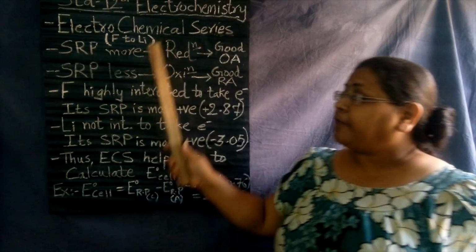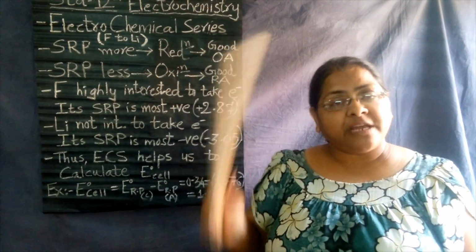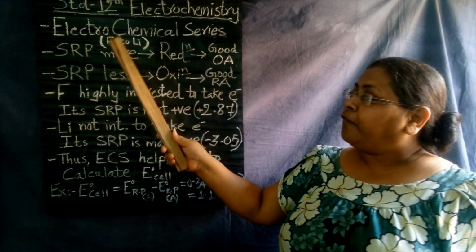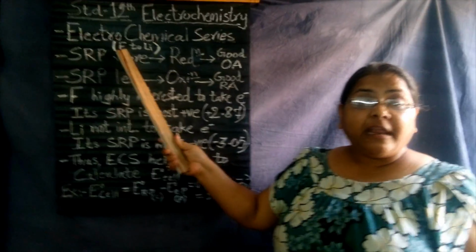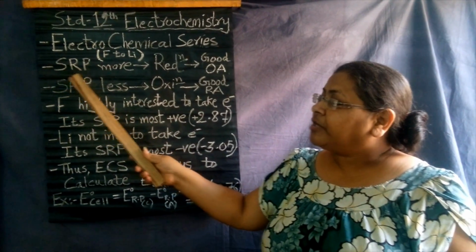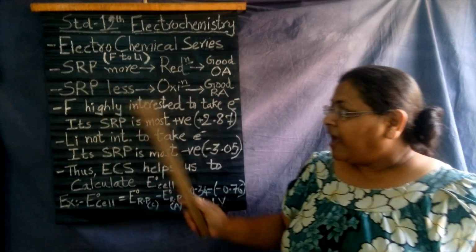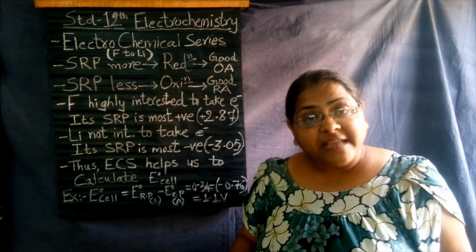If you see the electrochemical series table in the textbook, you will find that fluorine has the highest standard reduction potential and lithium has the least.